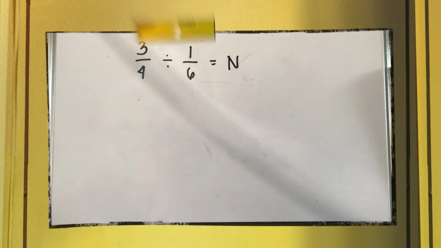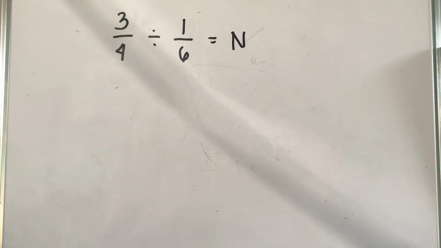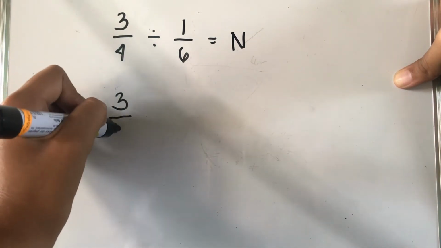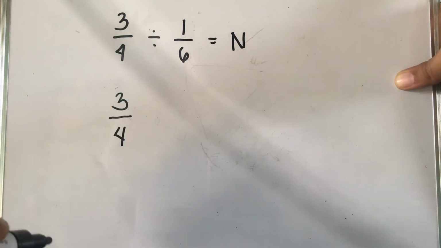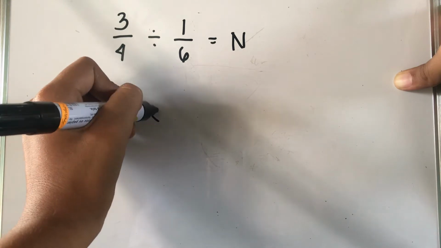Okay, so let's have another example. Let's have 3/4 divided by 1/6 equals n, where n represents the number that we are solving for. Let's copy the dividend, 3/4, and then change the operation to the opposite of division, which is multiplication.